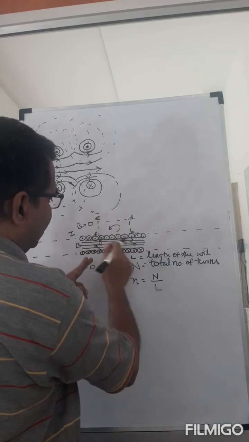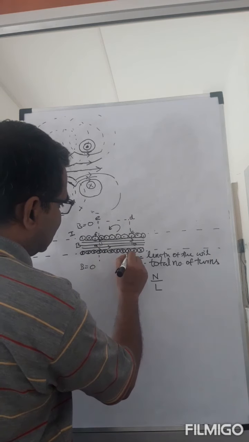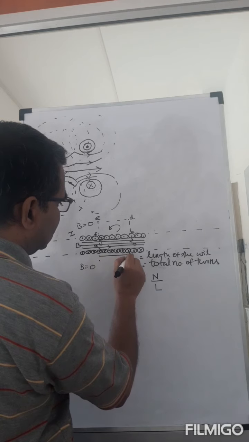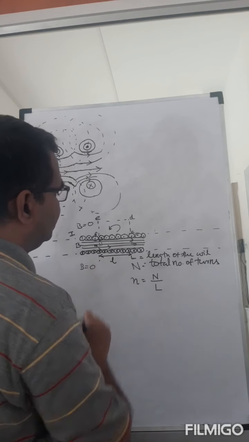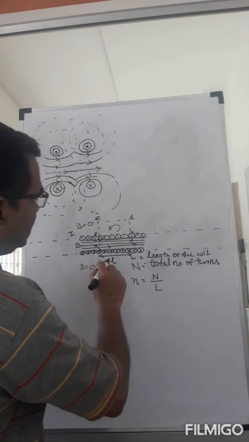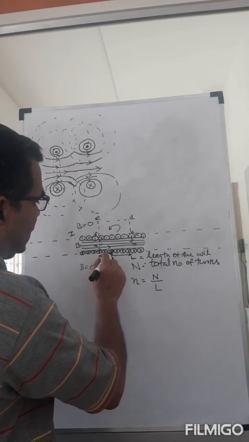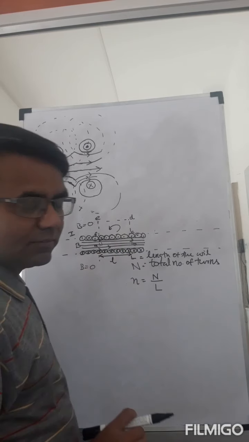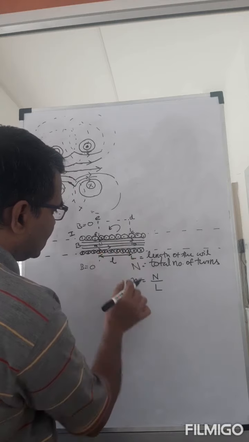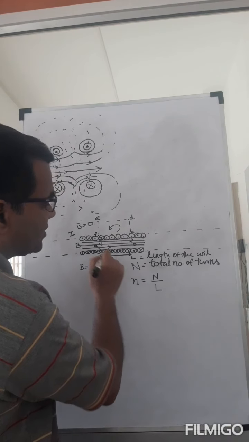And I assume this surface. Let us suppose that this length of the surface is small l. Then how many turns are there? Then the number of turns in length l is equal to n times l.